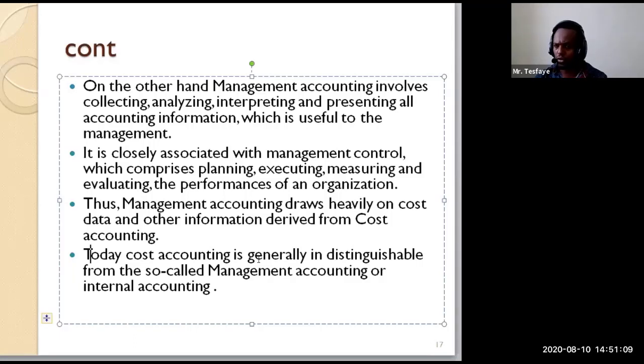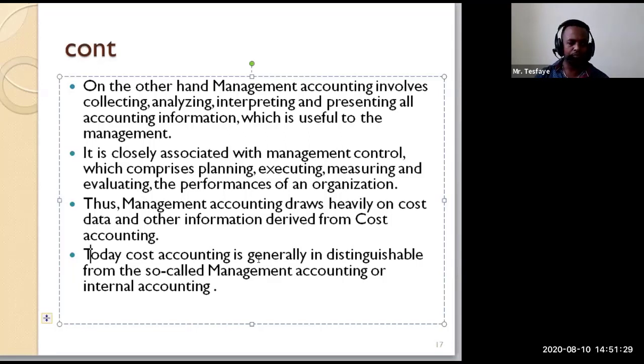Both involve cost data, both involve the reduction of cost, both involve providing information for the management team. So it's difficult to differentiate these two professions, cost and management accounting.